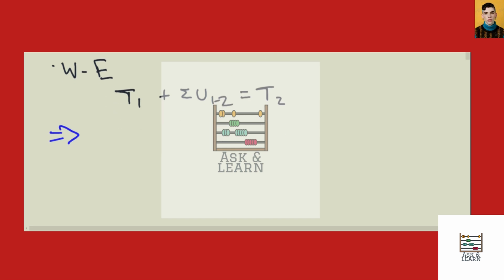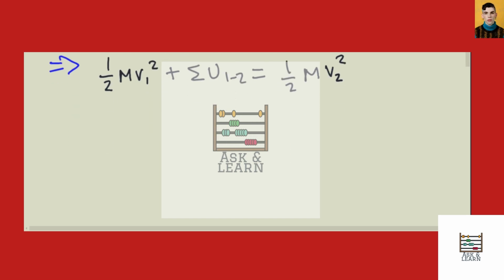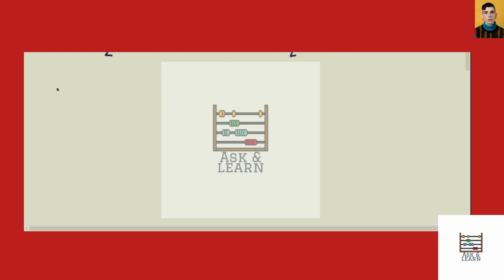The initial kinetic energy is 1/2 m v1 squared plus, and let's just leave the work alone for a second, is equal to the final kinetic energy, which is 1/2 m v2 squared.